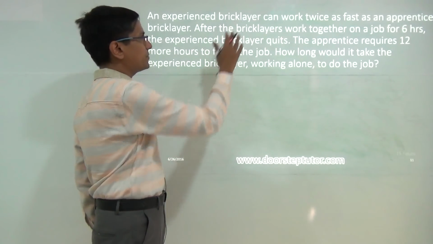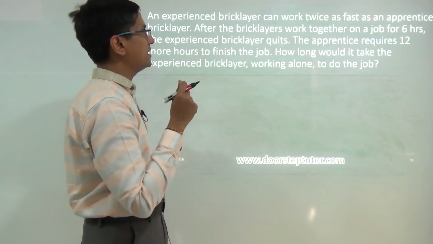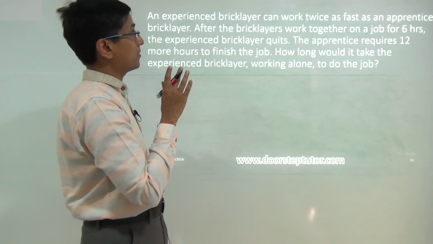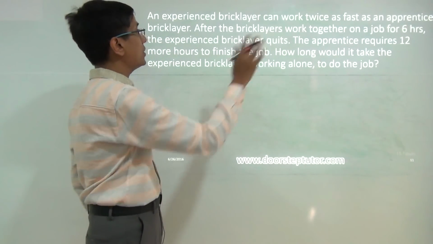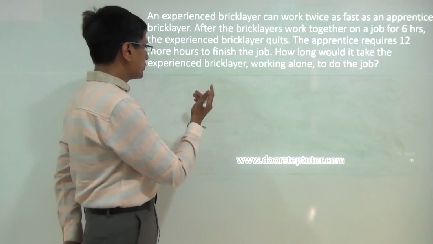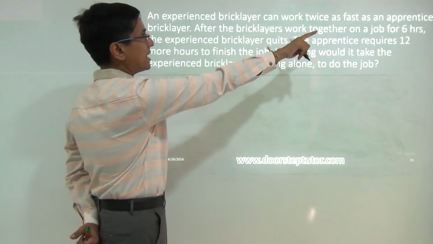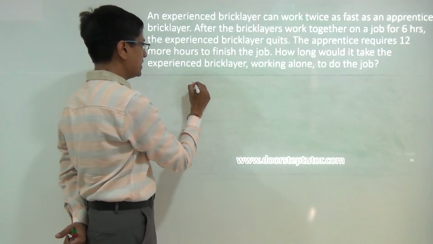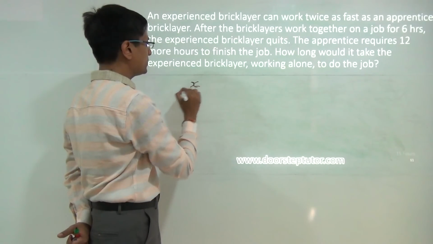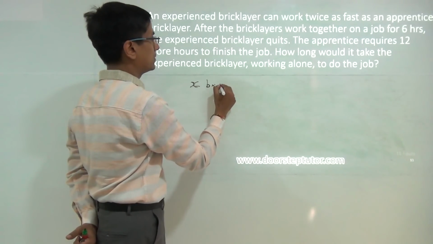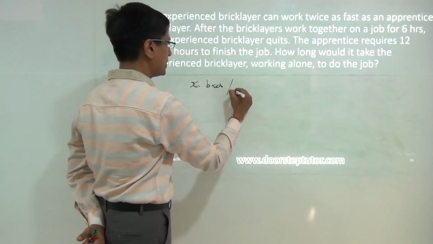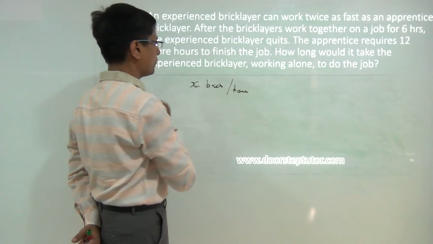Now there is this experienced bricklayer. He's laying twice as many bricks as his student. So let's say that my apprentice, the student, can lay x bricks per hour. That's the rate of work for a student.